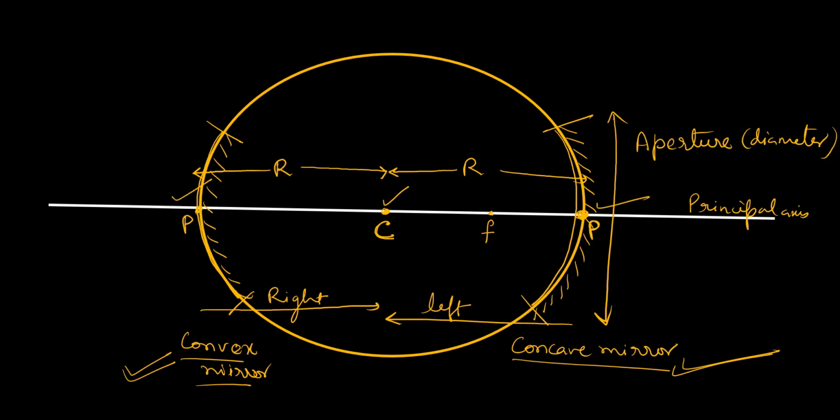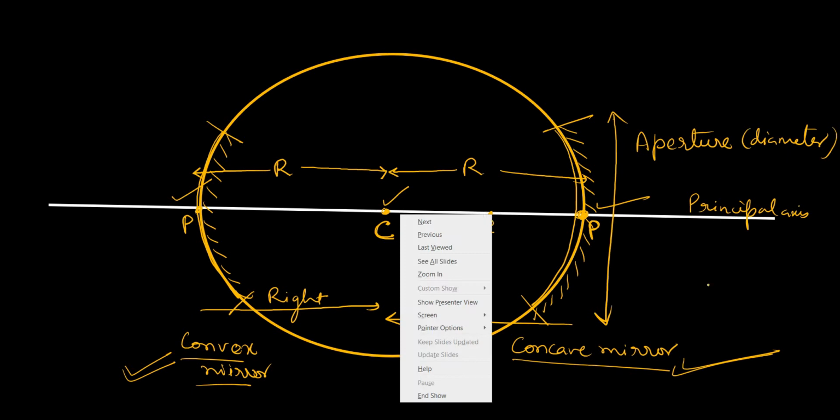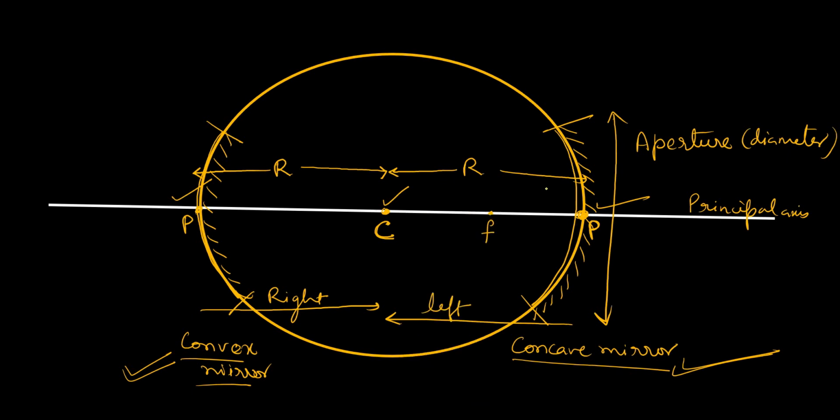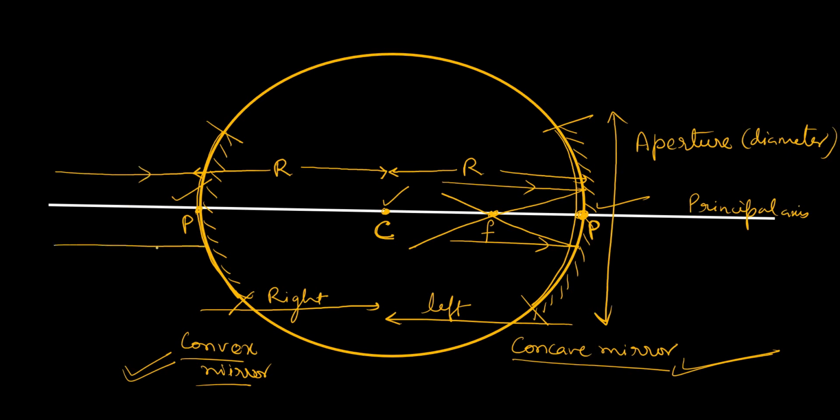And principal focus is a point on principal axis where the parallel beam of light rays after reflection converge to, in case of a concave mirror, or appear to diverge from, in case of a convex mirror.